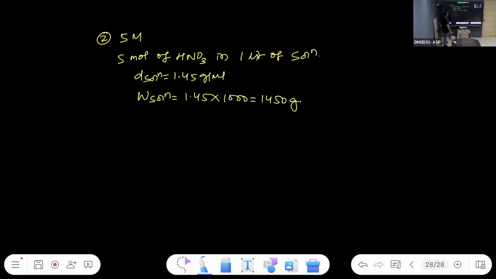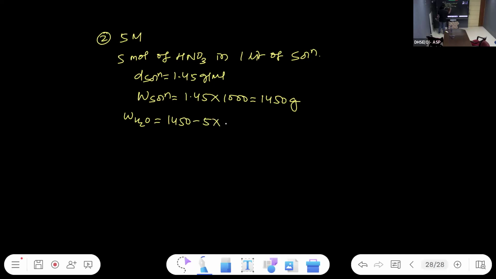It is the mass of the solution. Then, what will be the mass of water? Now 1450, mass of solution, minus 5 into 63 for HNO3. The molar mass of HNO3 is 63. Then what will come? You will solve this.